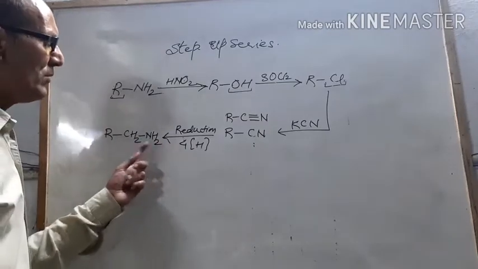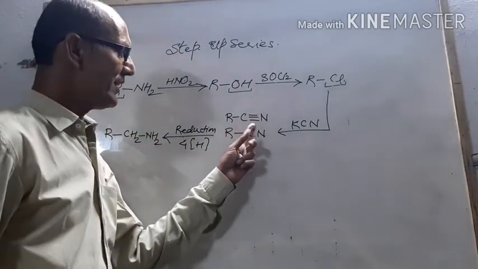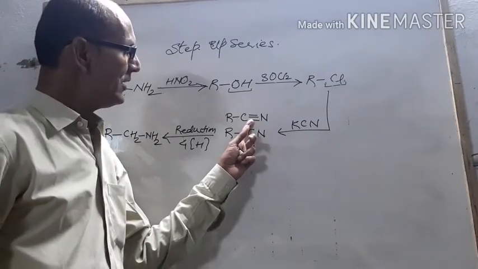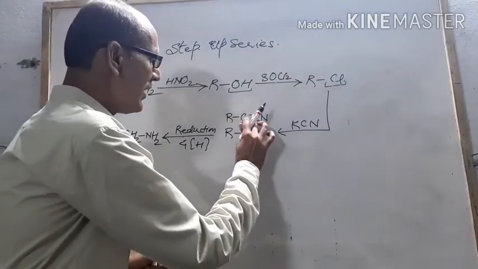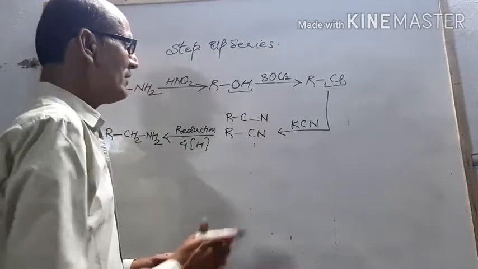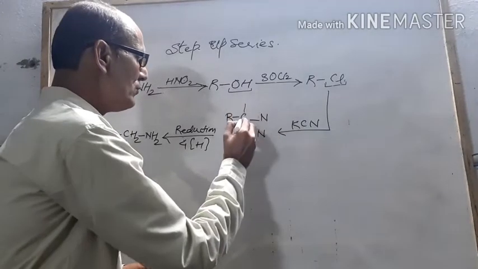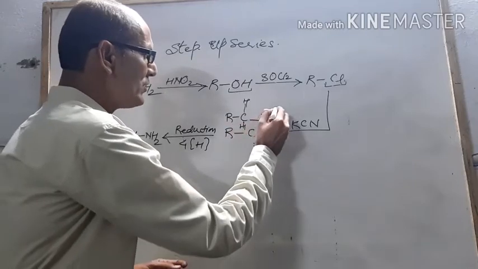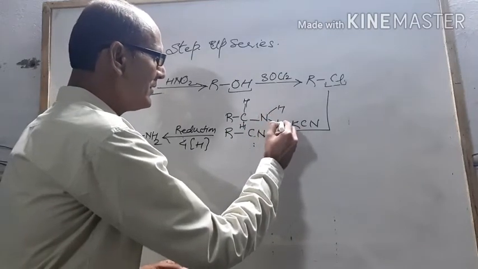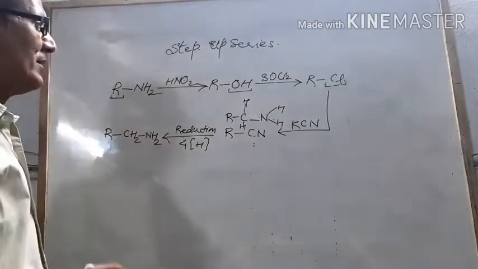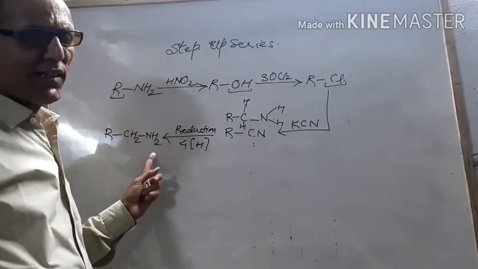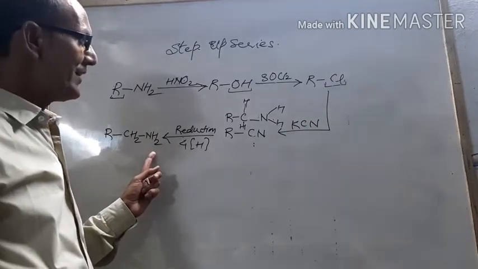How is this formed? Here there is a triple bond. In complete reduction, the triple bond is converted into single bond. Two bonds are removed, so the carbon opens two bonds. Two hydrogens will be attached to carbon and two hydrogens to nitrogen. In this way you get this, so from one amine you can get another amine with one more carbon.